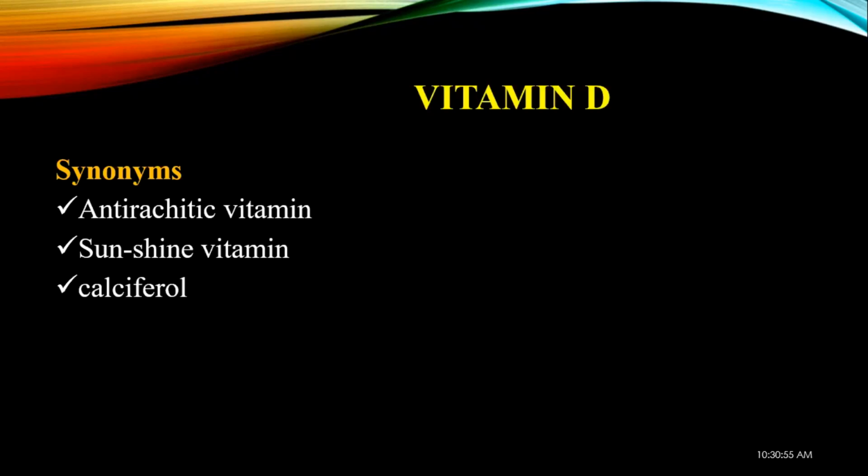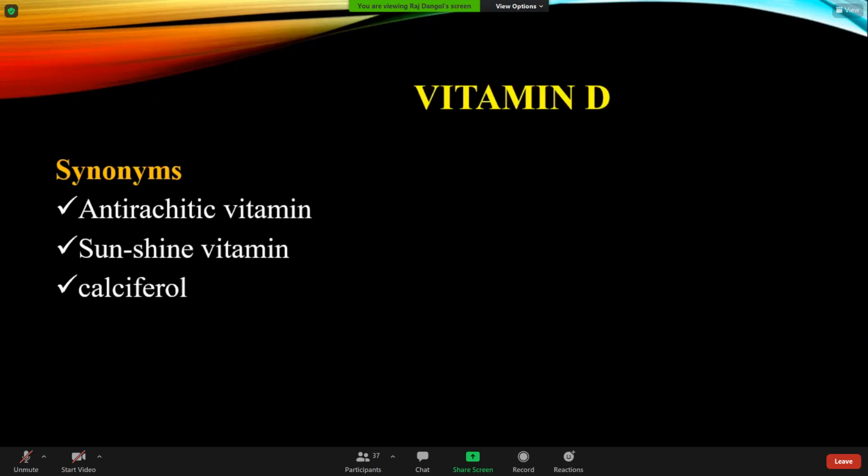And this vitamin D we can get... the major source of vitamin D for human beings is exposure to sunlight. That's why this vitamin D is also called the sunshine vitamin.